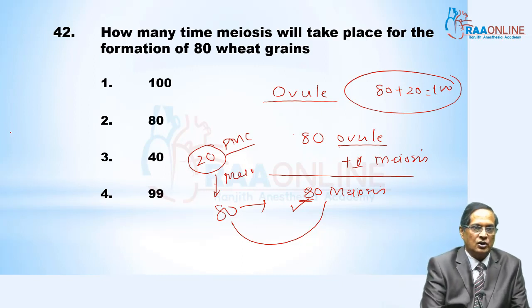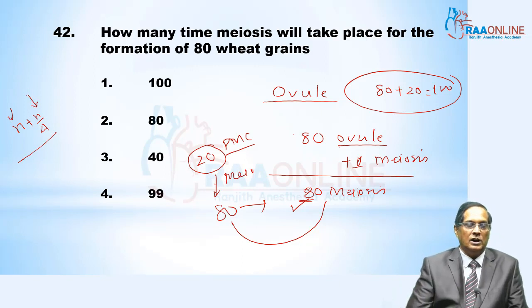Or there is a shortcut: the number of grains or seeds n plus n by 4. Here n is the number of ovules, and n by 4 is the number of PMC.